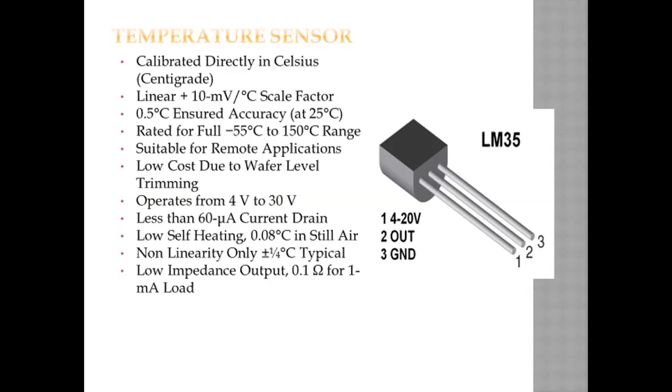This is also a transducer. The difference between a sensor and a transducer is that the sensor only senses the particular parameter or variable, whereas the transducer has both a sensing element as well as amplification. The sensor output may be very, very small, which cannot drive loads.